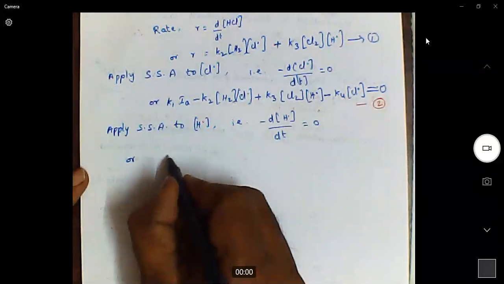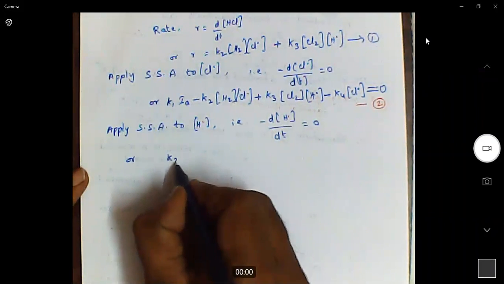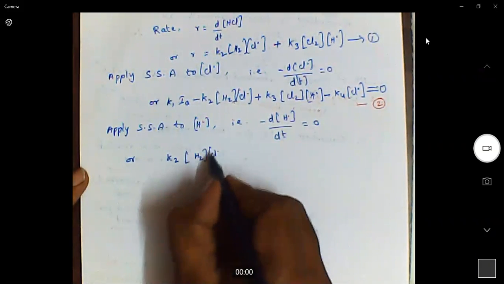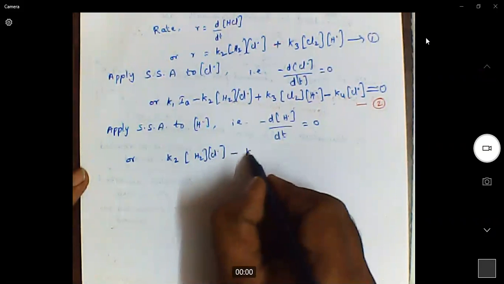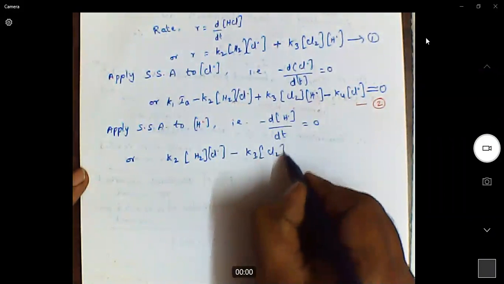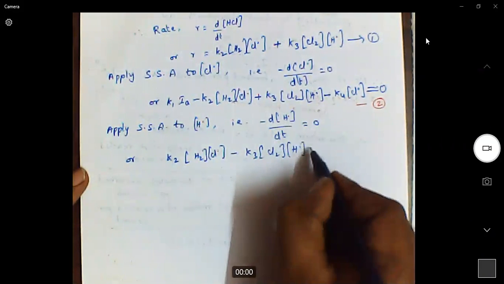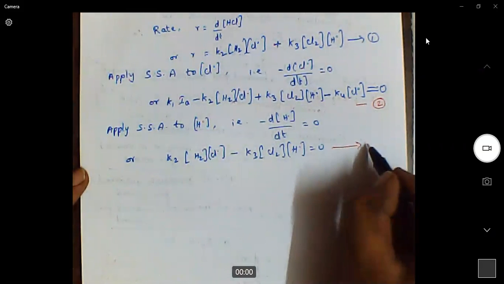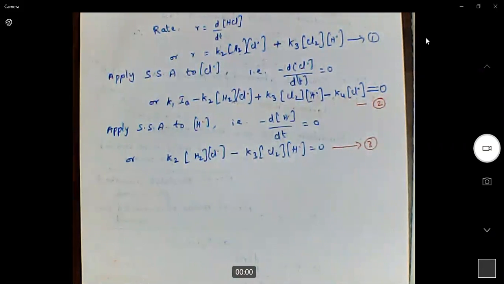Because it is produced, we take a positive sign, K2 into H2 into Cl radical, minus, because it is consumed in the third step, K3 into Cl2 into H radical, is equal to 0. This is the third equation.